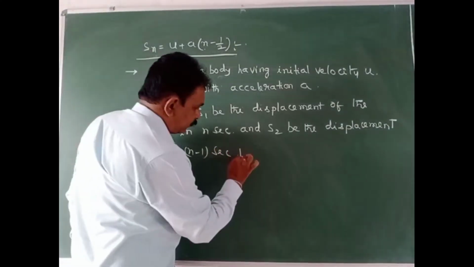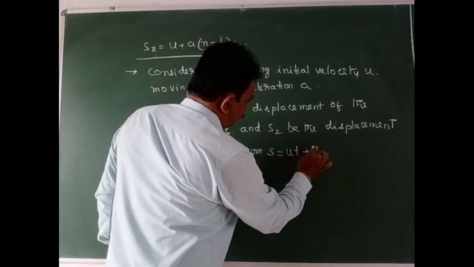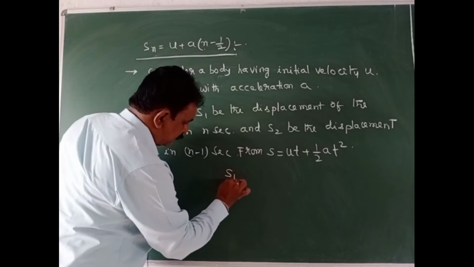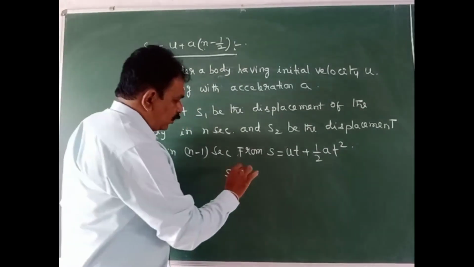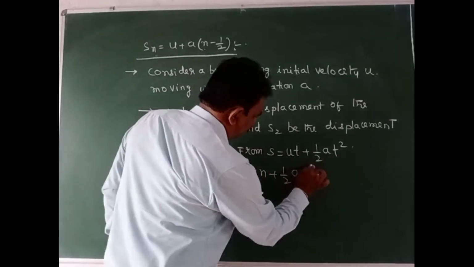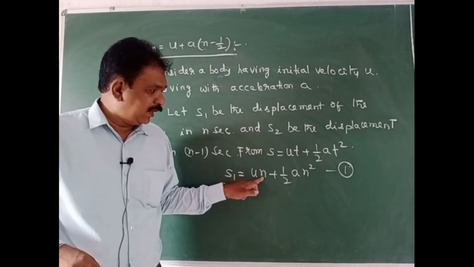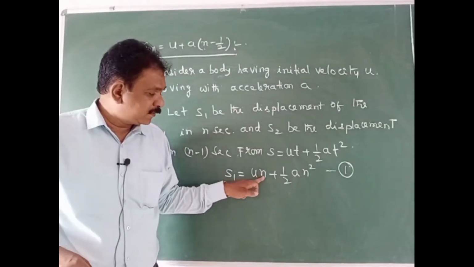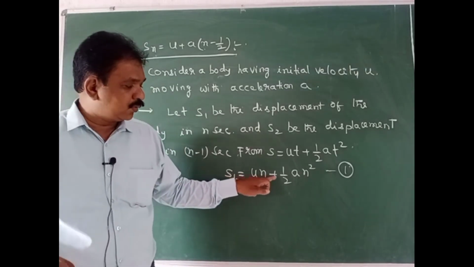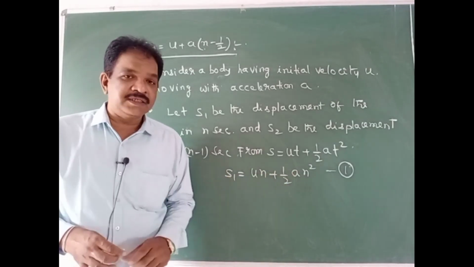From s = ut + half at square, S1 = un + half an square. So in the time of n seconds, how much displacement is there? S1, and S1 = un + half an square.